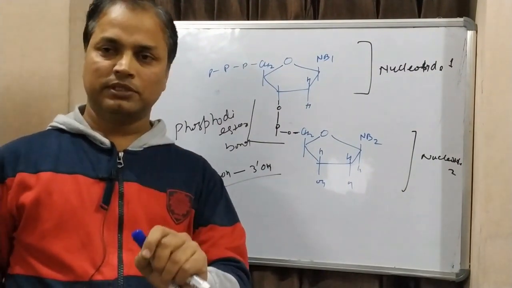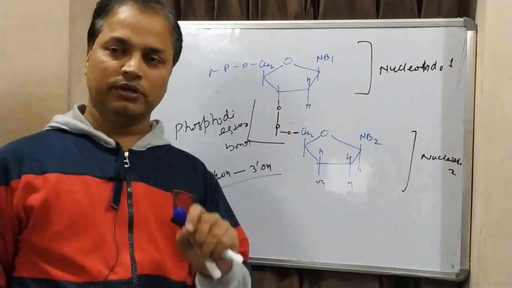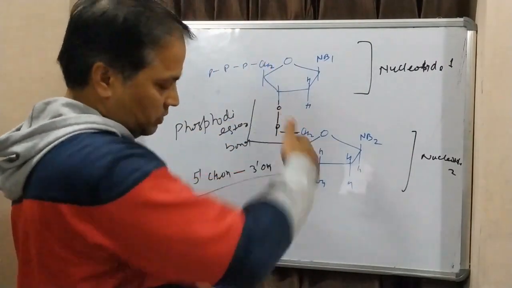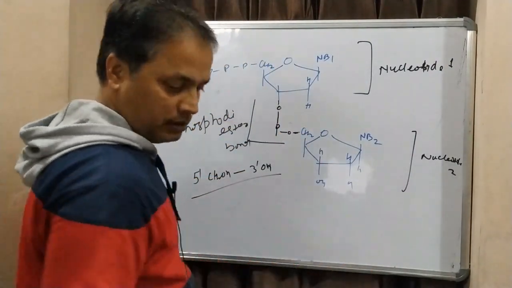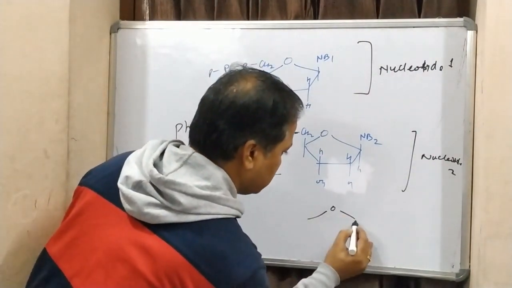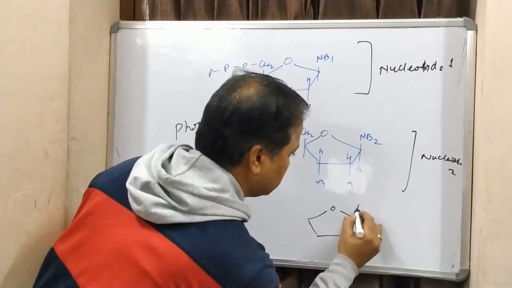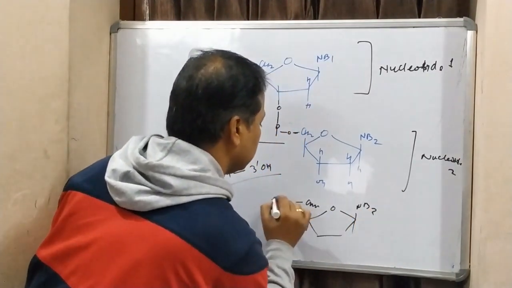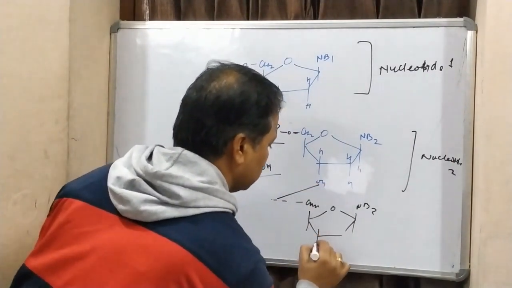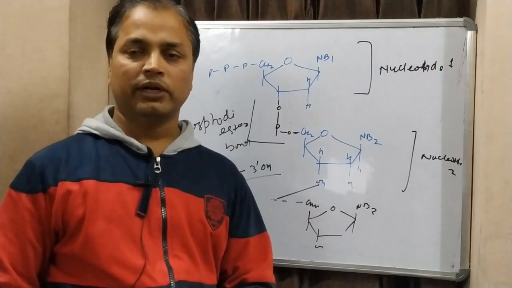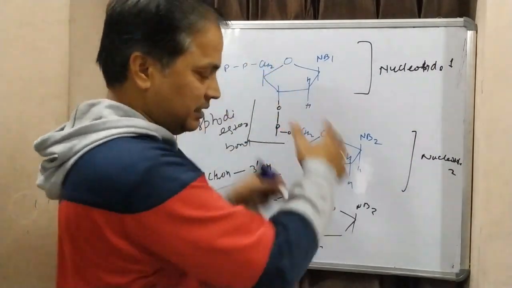Within one nucleotide you have a glycosidic bond. This process joins and continues with multiple nucleotides. Again you will have a third nucleotide like this, with 3' CH2OH plus phosphate. So this phosphate will join with this OH. So you will have a straight chain of nucleotides. This is one strand of nucleotides.